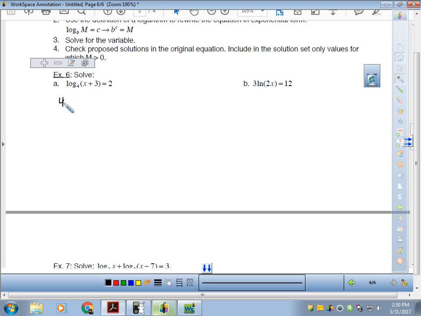The base is 4, the exponent is 2, and it equals x plus 3. 4 squared is 16, so 16 equals x plus 3. Subtract the 3 across, x equals 13. Now, before I box that answer in, I want to check it. If I plug it back in, 13 plus 3 is 16. That's a positive number, so that's okay. So 13 is fine as an answer.